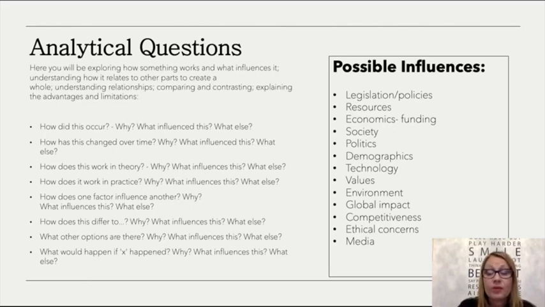Think about what other options may be available to you, and see if there are any variables which, if manipulated, will change the situation. So what would happen if something happened? And again, throughout all of that, I would encourage you that as you write, ask yourself, well, okay, why is this? What's influenced it? Is there anything else?